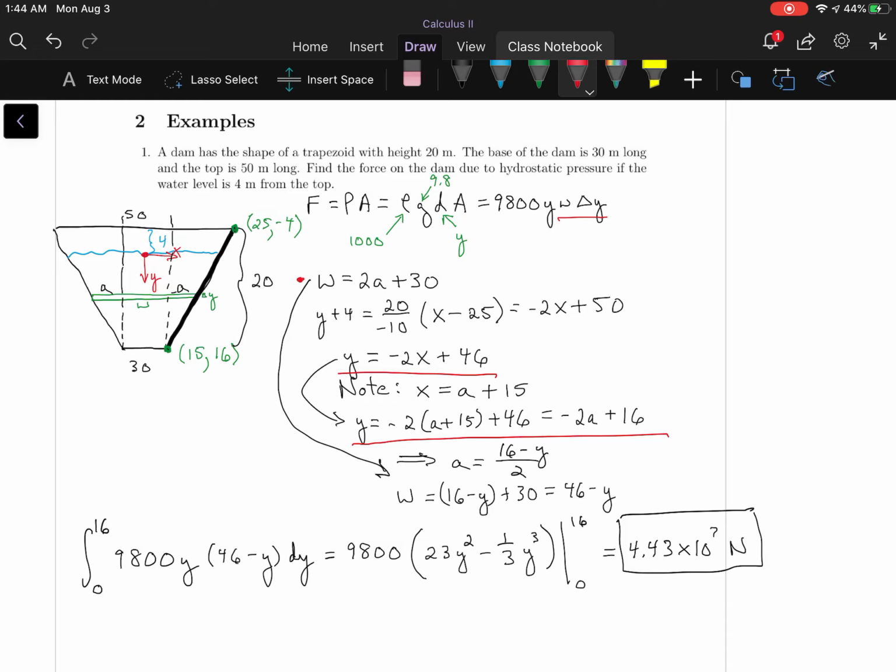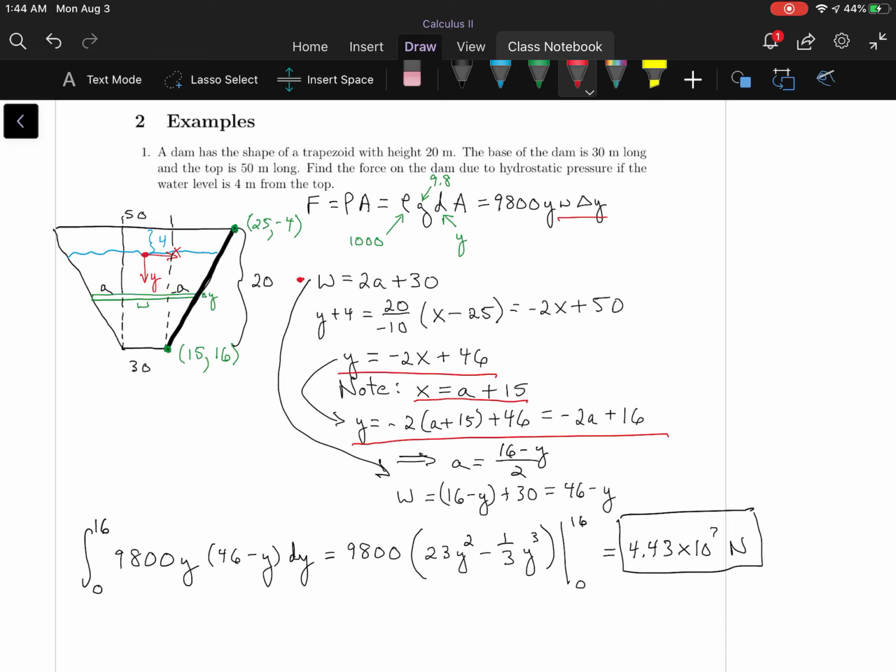But I notice that for any x, I could describe x as some distance a plus 15, because no matter what, I'm at least going 15 to the right plus some distance a. And so when I make that substitution in for x, I get negative 2a plus 16 is y. So that's that third red underlined line. Now, I'm going to use that to solve for a, which I do next.